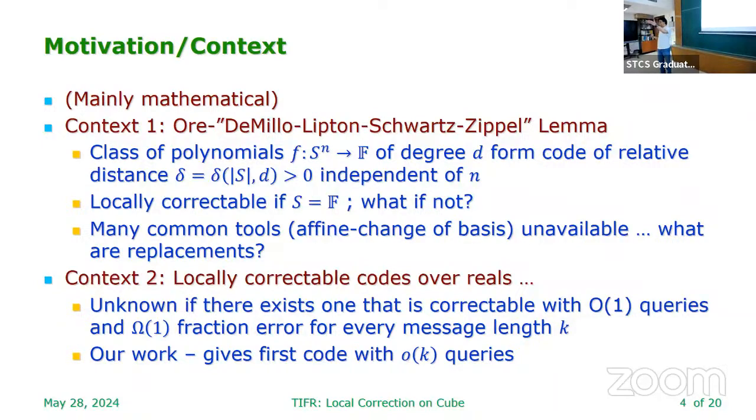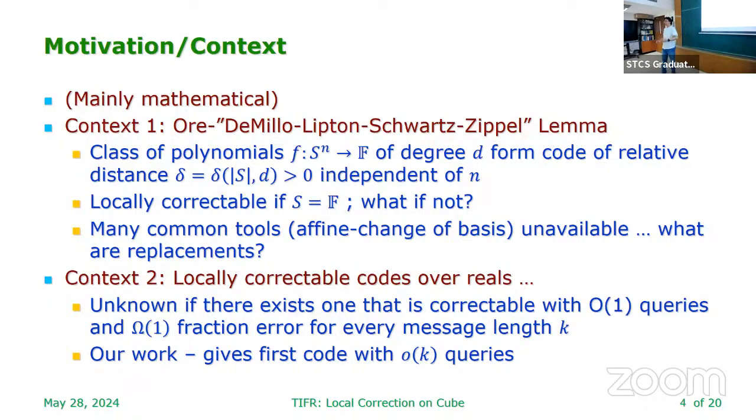So any two polynomials will disagree in a constant fraction of the space, where by constant I mean something that does not depend on the number of variables. It can depend on the degree, but not the number of variables. In particular, degree 1 polynomials will all disagree in 1/2 of the places. So you have this very nice code sitting here.